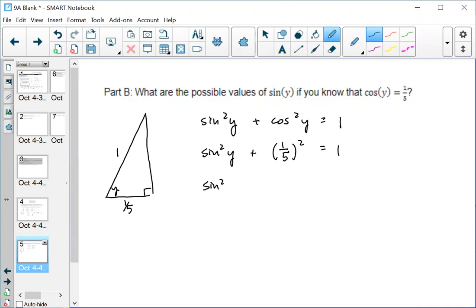Then we have sine squared y is equal to 1 minus 1 over 25, which is just 24 over 25. Taking the square root of both sides, we get sine of y is equal to 2 square root of 6 over 5.